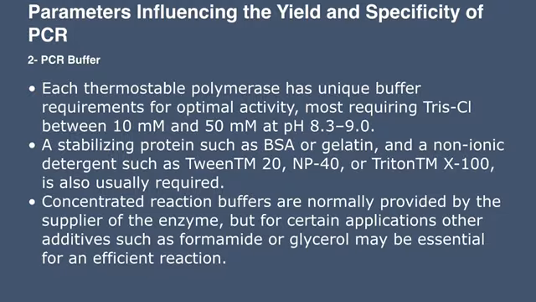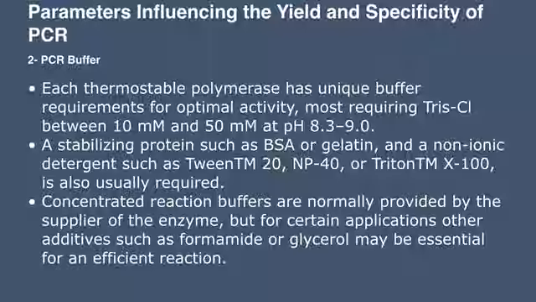Number 2. PCR buffer. Each thermostable polymerase has unique buffer requirements for optimal activity, most requiring Tris-HCl between 10 millimolar and 50 millimolar at pH 8.3 to 9.